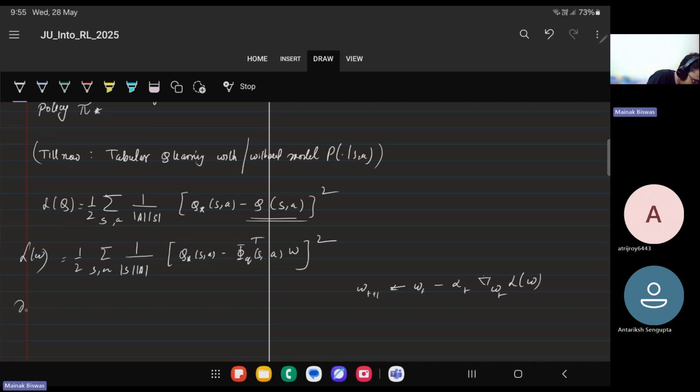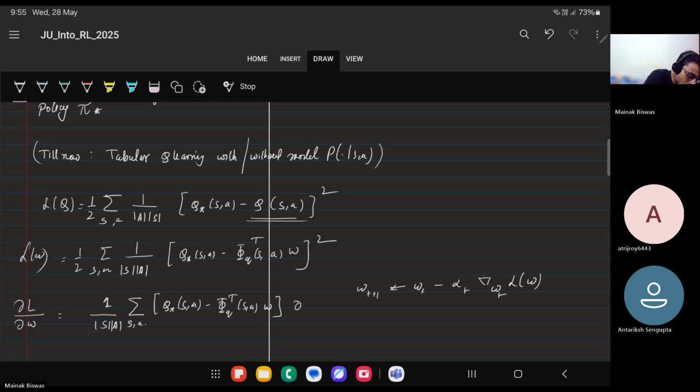Help me with the derivative then. DL dW will be one by S, one by A, summation over all S comma A, into phi of S comma A. Correct, because I'm taking a derivative with respect to W, so only this is going to remain. Very good.